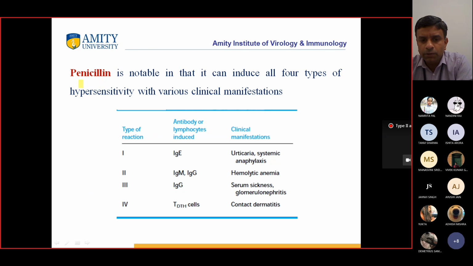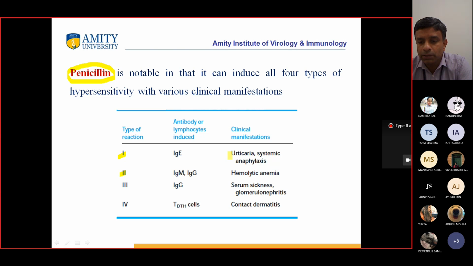Now, if we talk about one of the antibiotics, penicillin, it is a very common antibiotic. It is notable in that it can induce all four types of hypersensitivity. When we talked about type 1, we saw how IgE can lead to type 1 reaction.